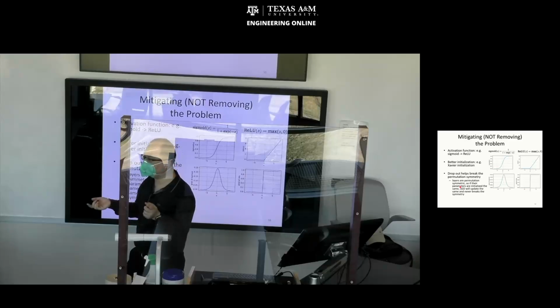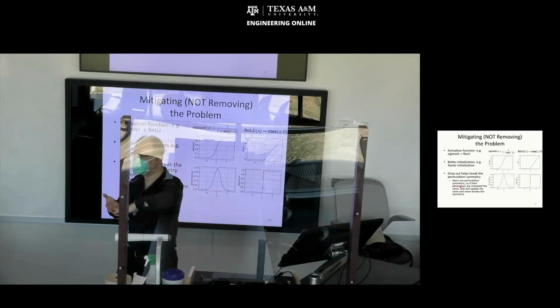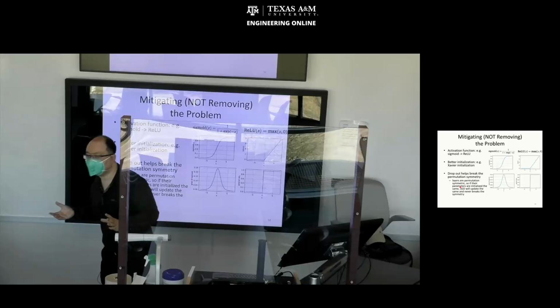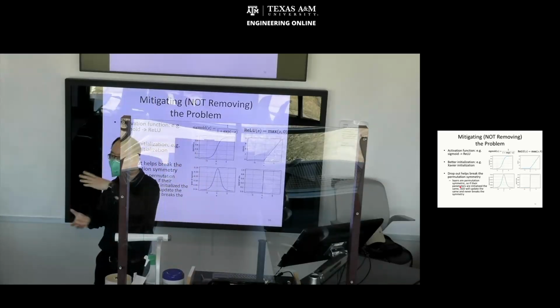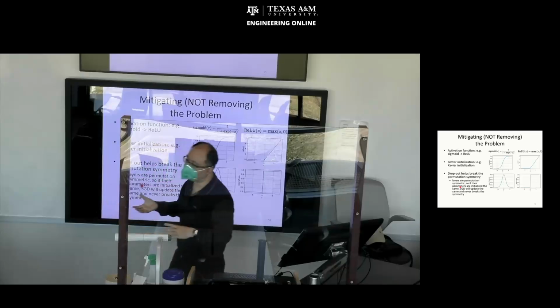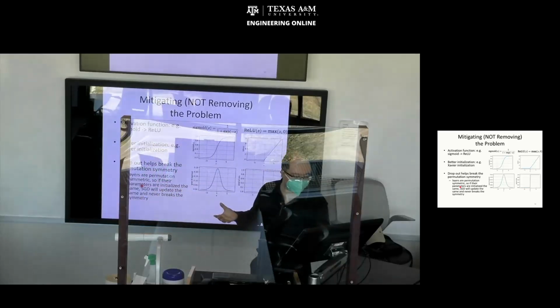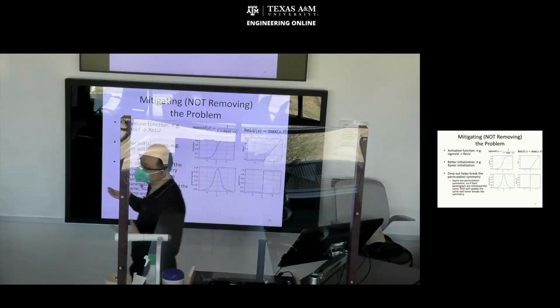It's as if your weight vector has some segments swapped. So for optimization, if they were initialized the same way, then it's completely computational symmetry, right?